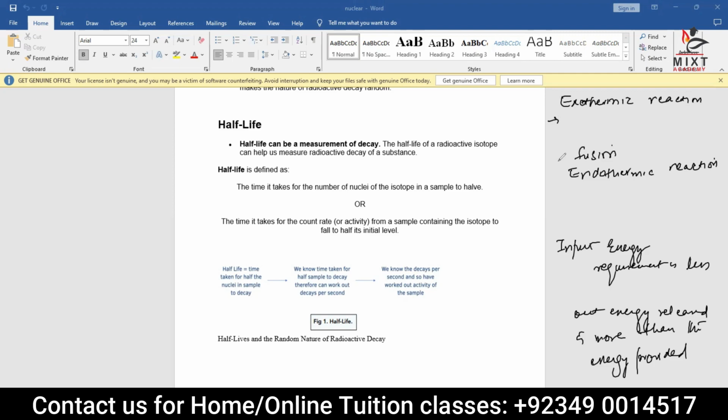Output energy is released as well, but the output energy is less than the input energy. So in other words, in an exothermic reaction, input energy is less than the output energy, and in an endothermic reaction, output energy is less than the input energy.